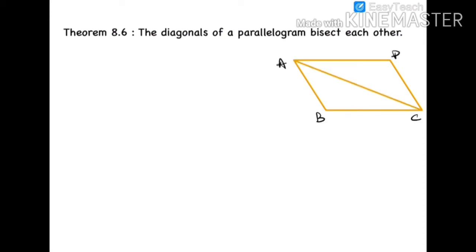Theorem 8.6. The diagonals of a parallelogram bisect each other. So we are given a parallelogram ABCD. AC and DB are the diagonals that intersect at point O. We are given that ABCD is a parallelogram.